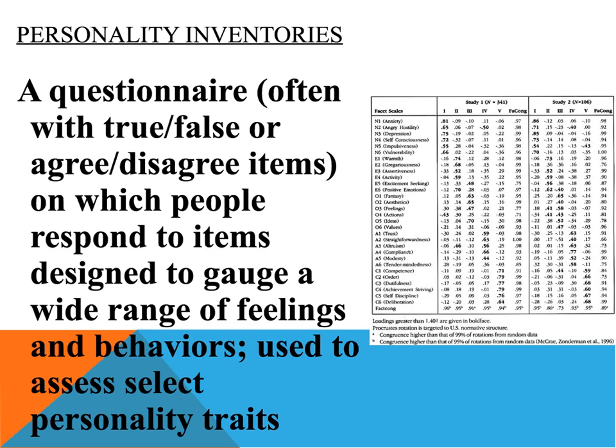If you look at the personality inventory here on the right, you'll see there are many different personality traits. There's anxiety, there's depression, there's warmth, vulnerability. We see trust here, altruism. We have self-discipline. And then we have raw quantitative scores that are found in two different studies, which show personality traits.